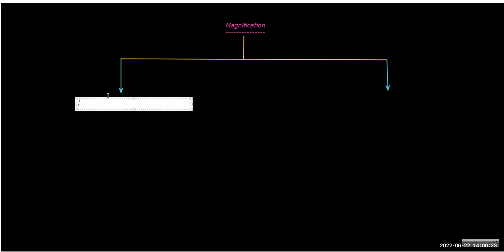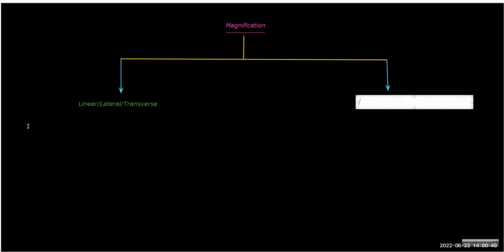It is also called lateral. It is also called transverse. So linear or lateral or transverse are all the same thing. The other is called longitudinal. That's unique.